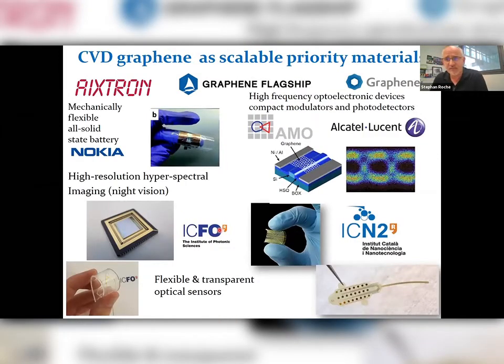CVD graphene is one of the most important materials now for a wealth of applications beyond spintronics, as you can see in this plot, with several illustrations of groups and institutions that are working with CVD graphene in real applications.